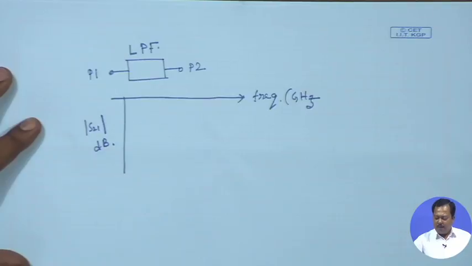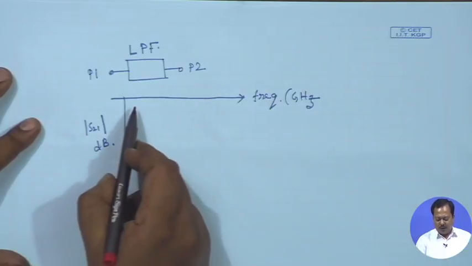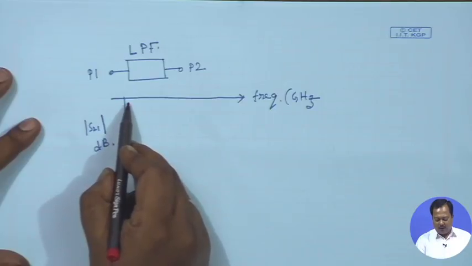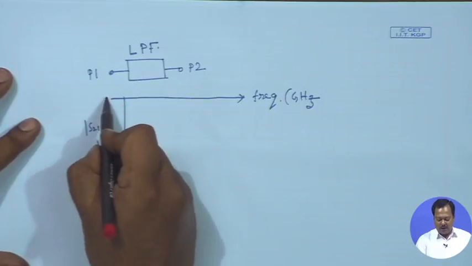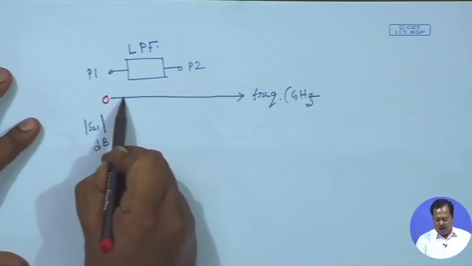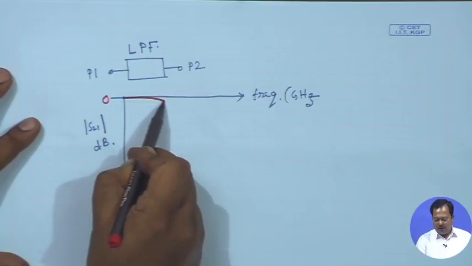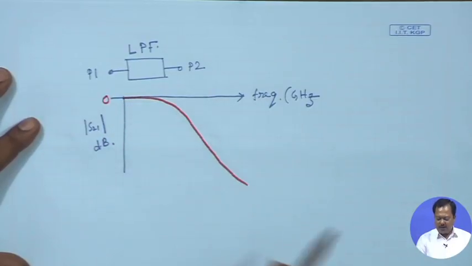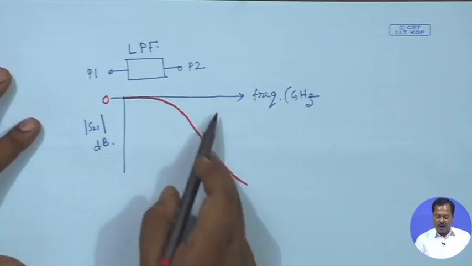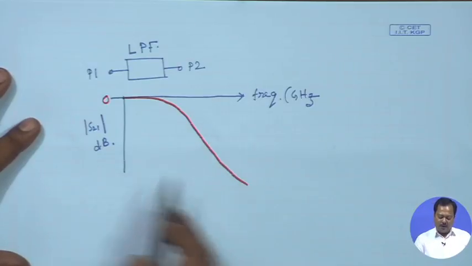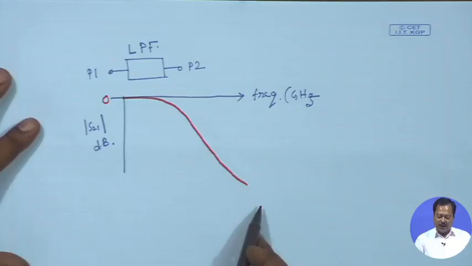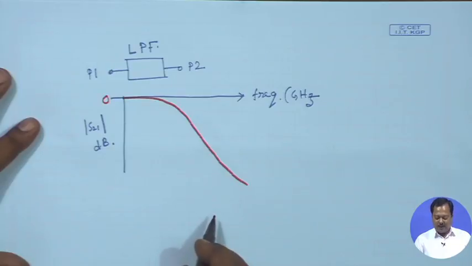If we have perfect transmission from port 1 to port 2, that means S21 is 0 dB. Since we are considering a low pass filter, as the frequency increases, attenuation increases, or S21 in dB becomes negative and goes to minus infinity.